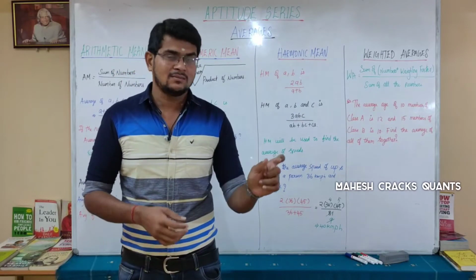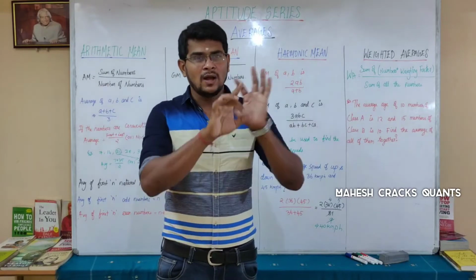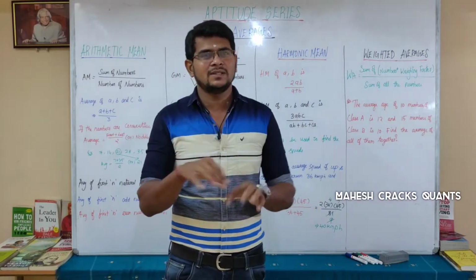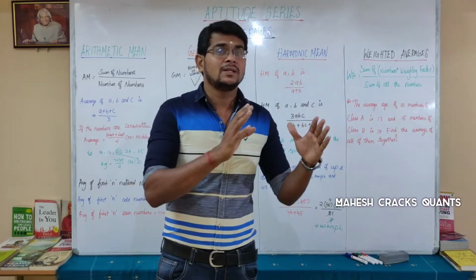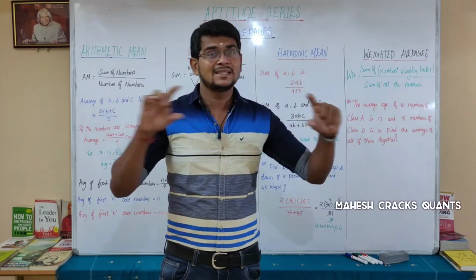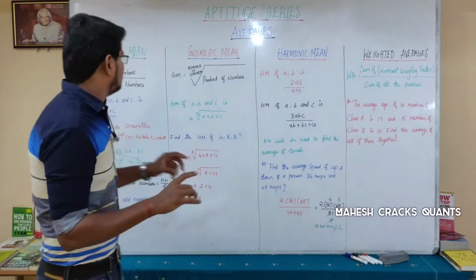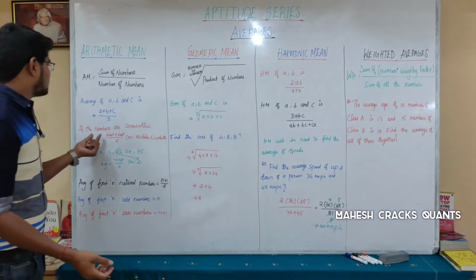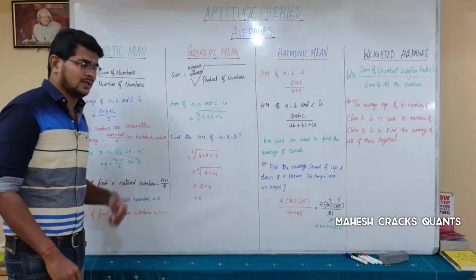You do not need to add all those values and divide by the number of numbers. When the numbers are consecutive, that is nothing but an arithmetic progression, an arithmetic series. If the numbers are in an arithmetic series, adding first and last and dividing by 2 will give you the answer, or else the middle number.